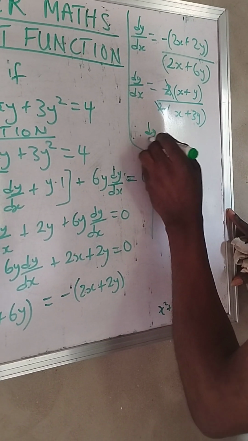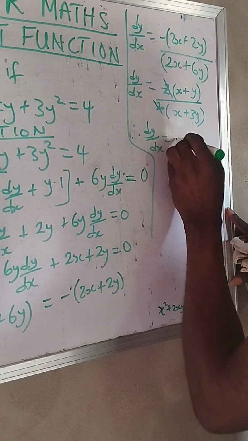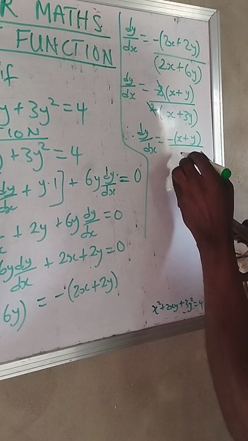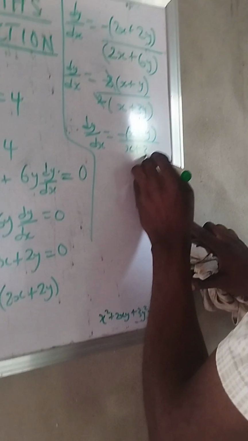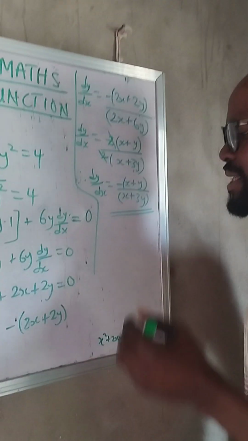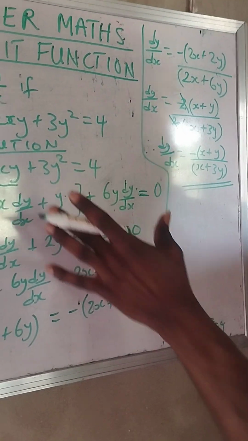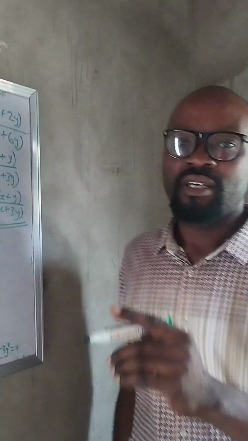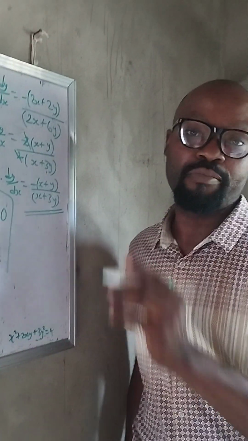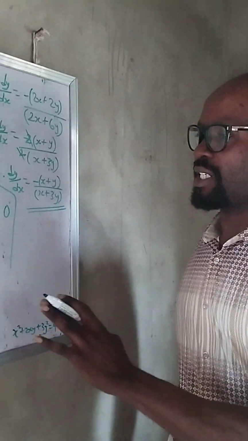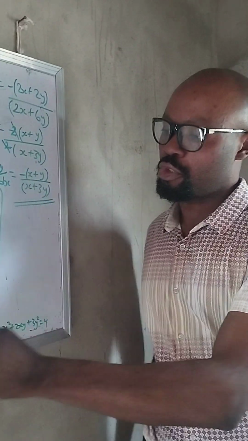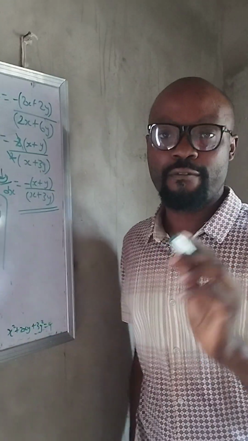Therefore, dy over dx becomes minus x plus y over x plus 3y. You can bracket it if you like. This becomes the final answer. Now, this is how to solve problems on implicit differentiation. Don't forget, you use implicit differentiation to solve problems on implicit functions.